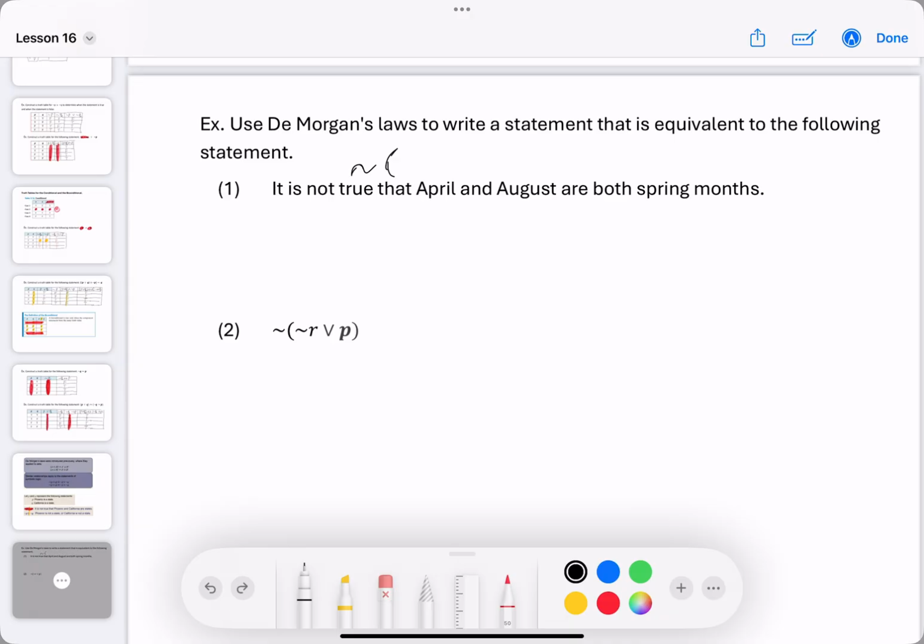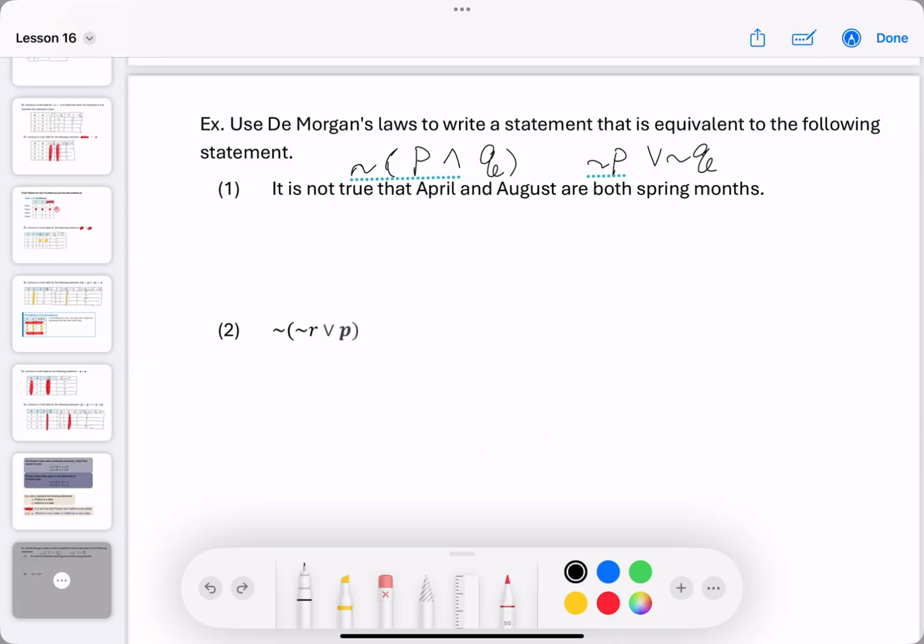The first statement P and the second statement Q. If I rewrite this one, I'm going to have not P or not Q. So let's do it.